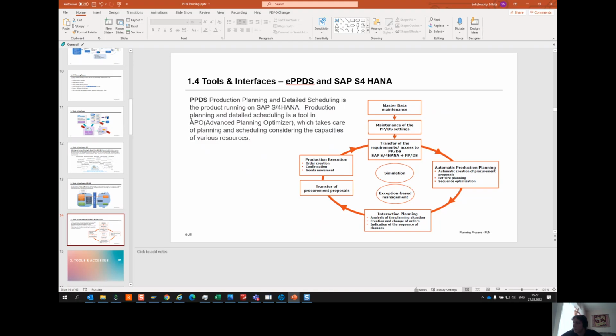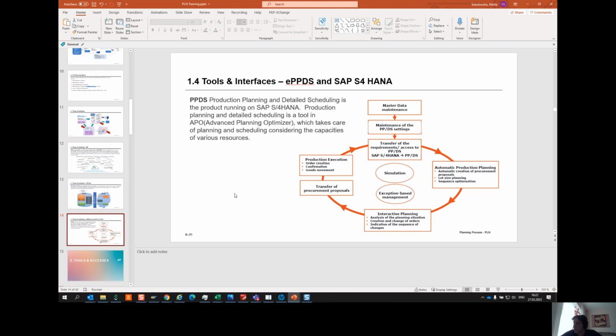It may sound mysterious, but if you imagine SAP P40 as a circle, a set of data or tables, PPDS is just one of its parts.